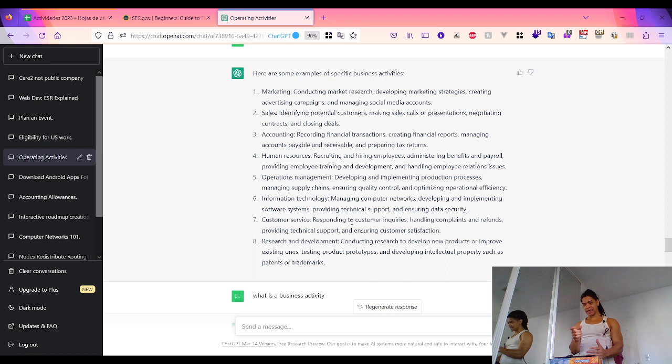I also look at the human resources, which is responsible for recruiting and hiring employees, administering salaries, benefits and payrolls, providing employee training and development, and handling employee relationship issues or employee conflicts.